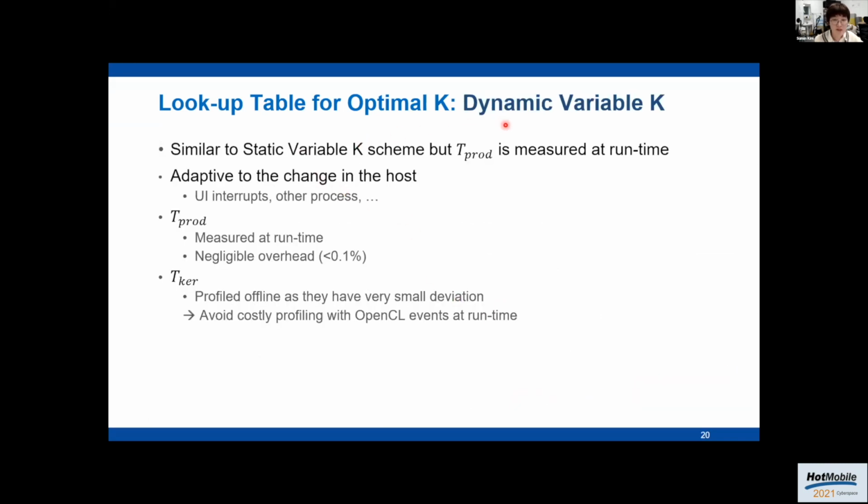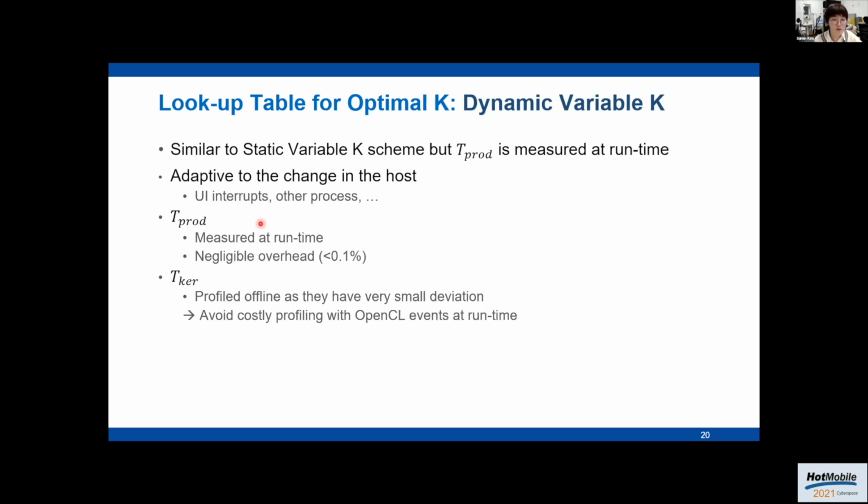Dynamic variable k is similar to the static variable k scheme in that the k value changes employing the same algorithm. But default is not profiled offline, it is measured at runtime. It makes it adaptive to changes in the host, such as UI interrupts, the preemption of other processes, and so forth.